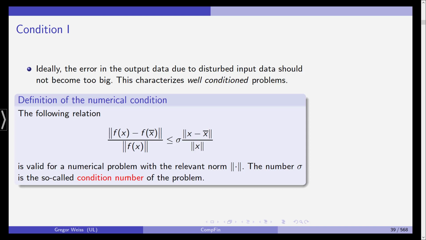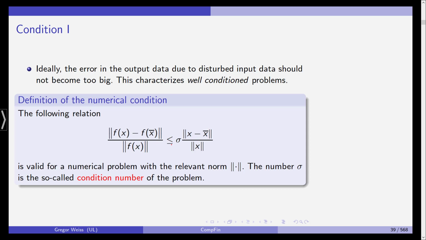We say that a problem is well conditioned if the following relation is valid for a numerical problem with a relevant norm, usually absolute number. So we are looking at now our ideal solution, f of x, no data errors, and the algorithm works perfectly, minus what the perfect algorithm would yield if we have an input error in our data, relative to what we are expecting with no data errors.